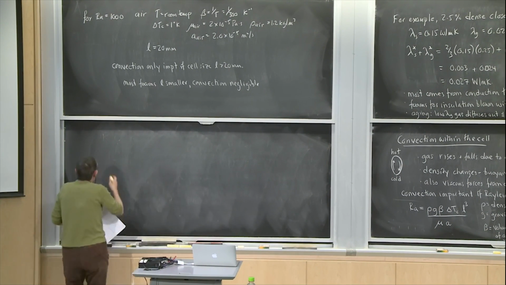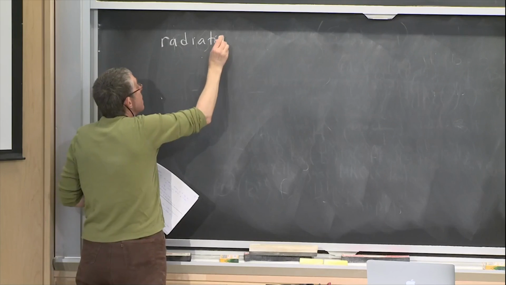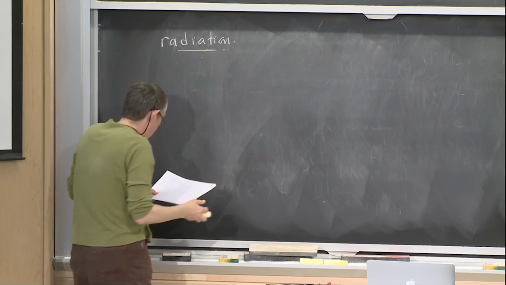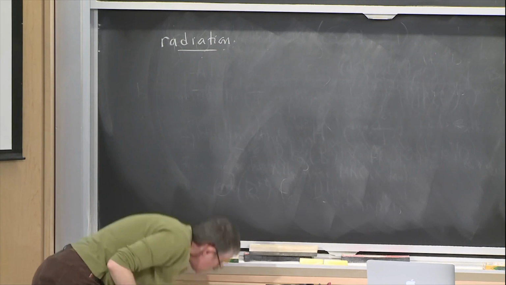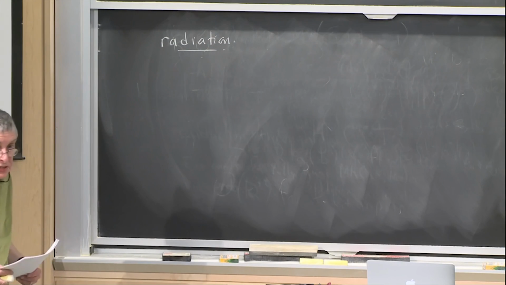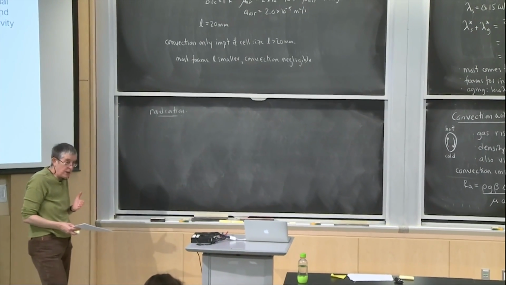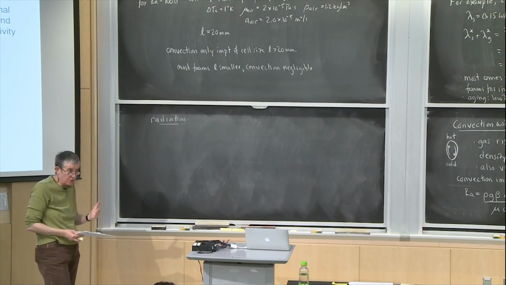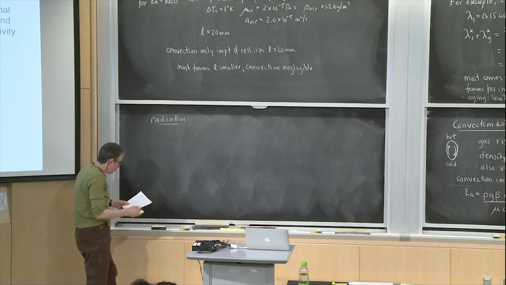So the last contribution to heat transfer is from radiation. And there's something called Stefan's law that describes the heat flux for radiative heat transfer from a surface at one temperature to another surface at a different temperature across a vacuum.